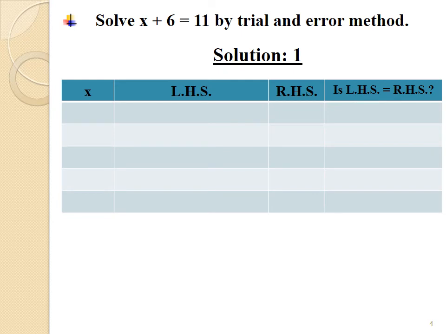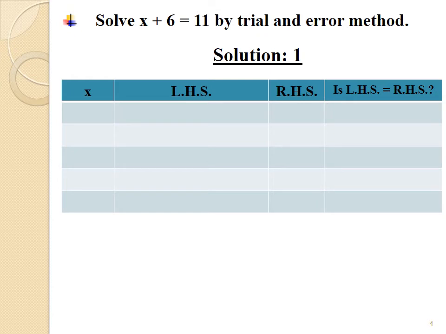Now, let us find the solution or root of the equation by trial and error method. Students, we know that in trial and error method, we make a guess of the solution of the equation.